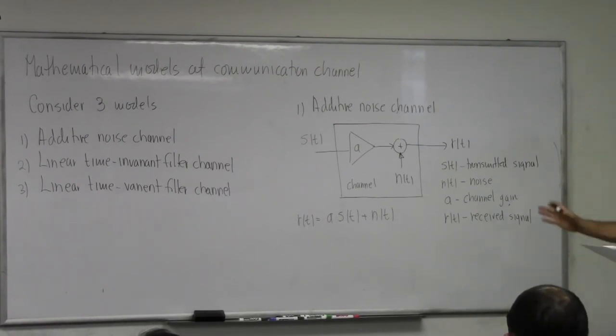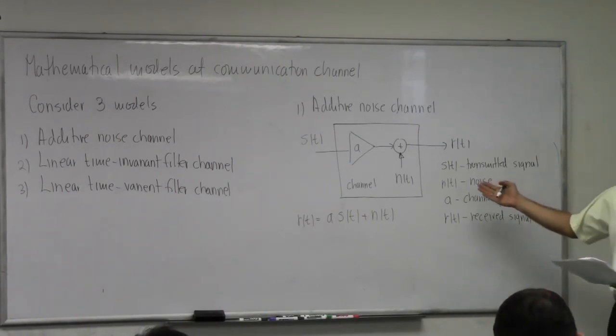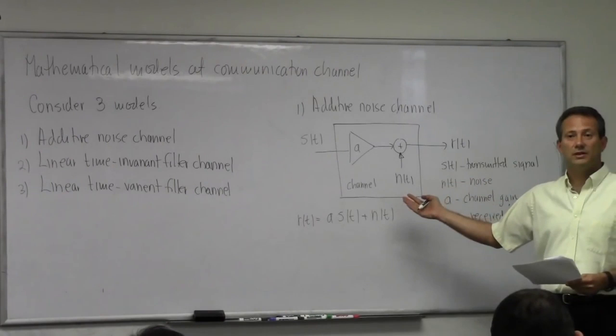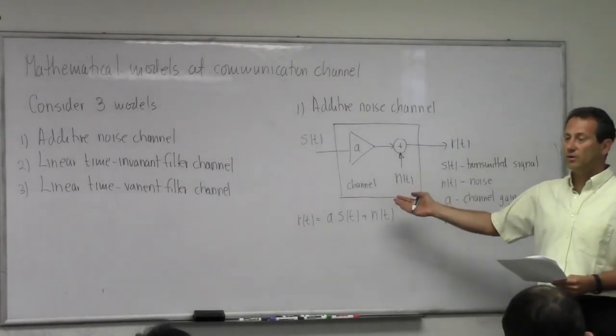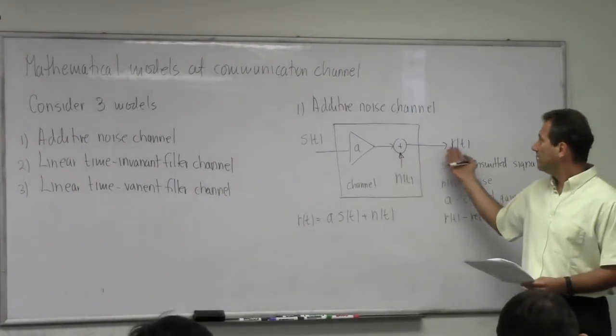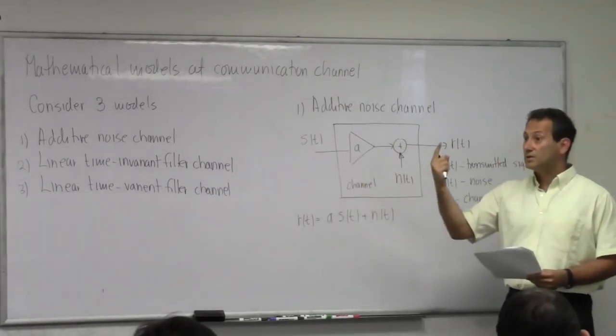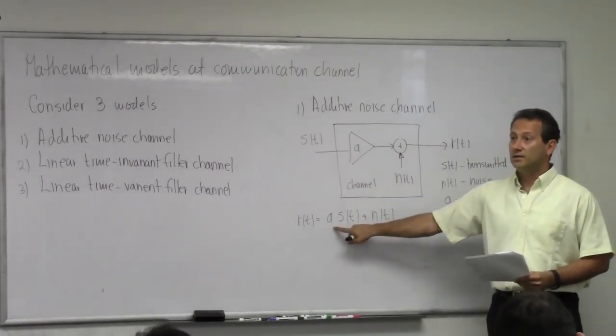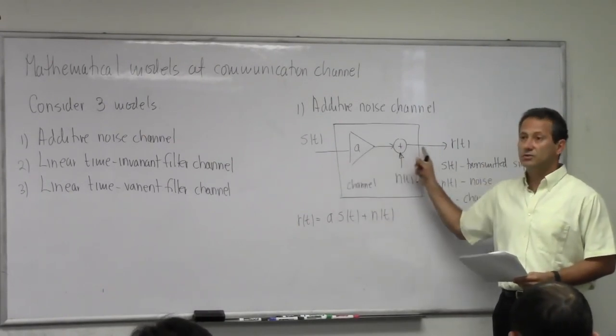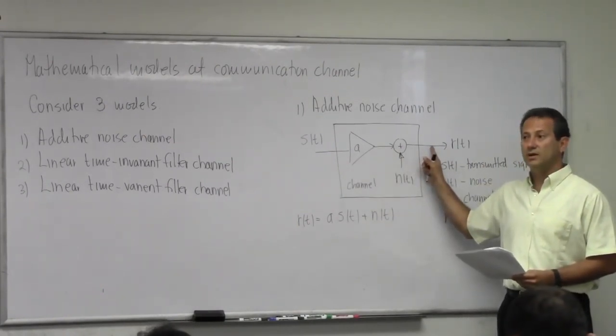Now, this is the simplest of all the channels that I can have. What kind of distortion does this channel introduce to the signal? Can we enumerate what happens to the signal that makes R of t different than S of t? First thing is this A, right? As the signal propagates through this channel, it gets attenuated.